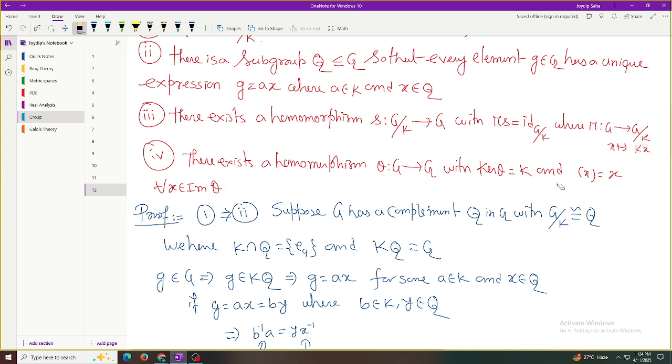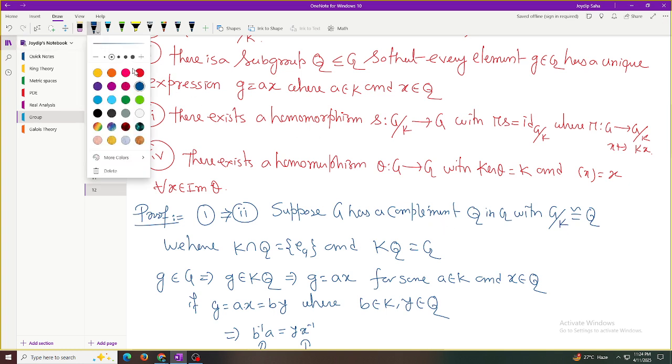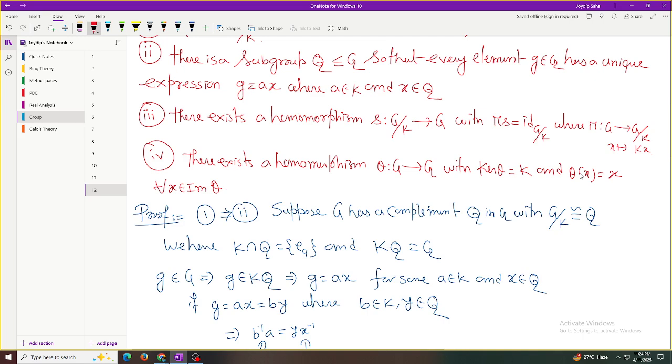Because theta is a projection, theta x equals x for all x belonging to image theta.